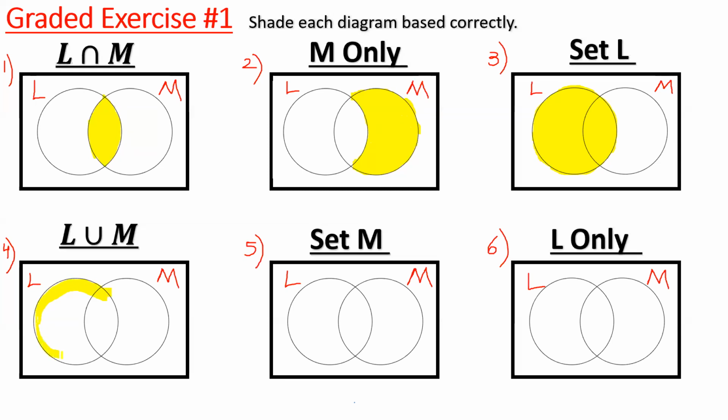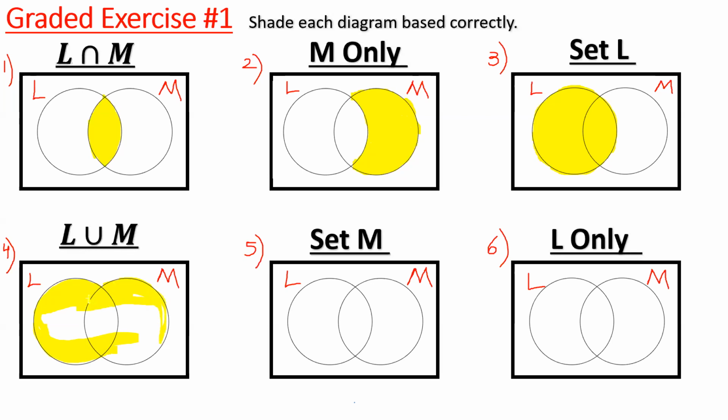Oh, by the way, for the union, do we repeat the elements in the union? No repeats. So all of this is the union of L and M. And does it matter that I use a different letter?